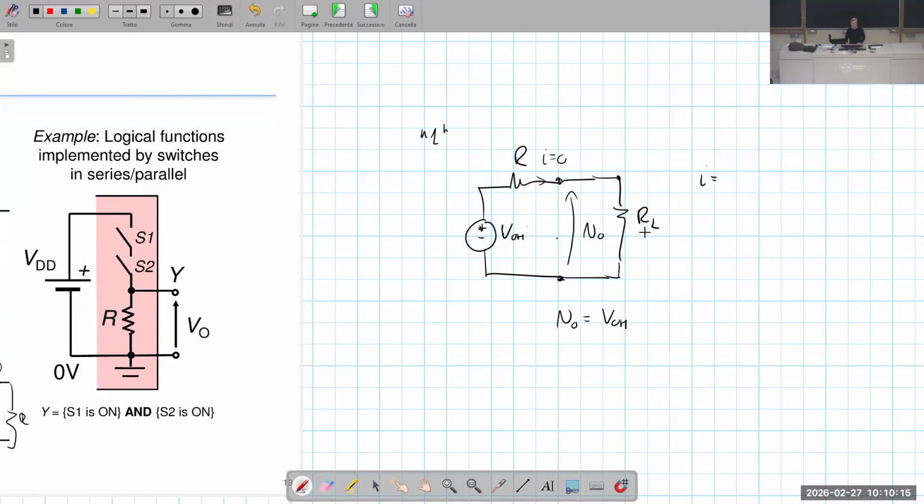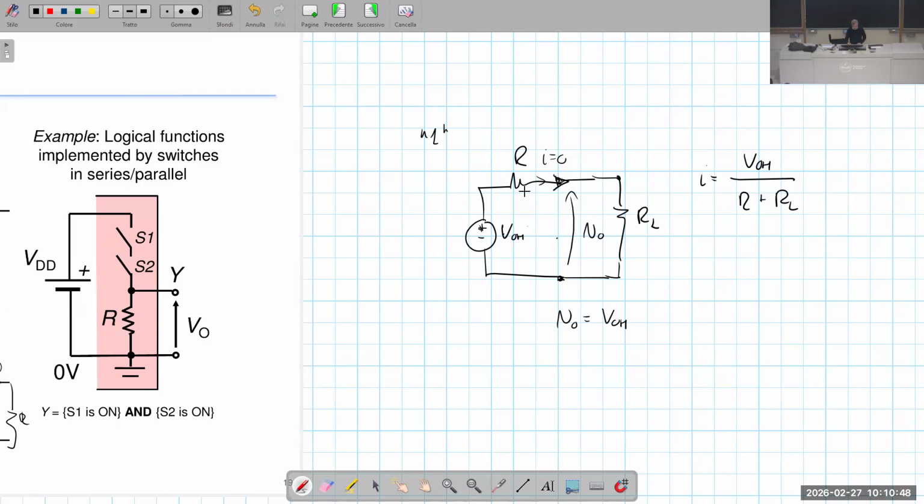If I connect this resistor, what is the current flowing in this circuit? The current flows in this way: it is VOH divided by R plus RL. R and RL are in series, and this is the current.